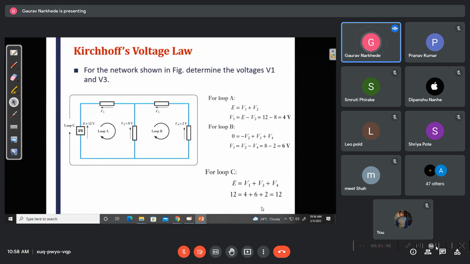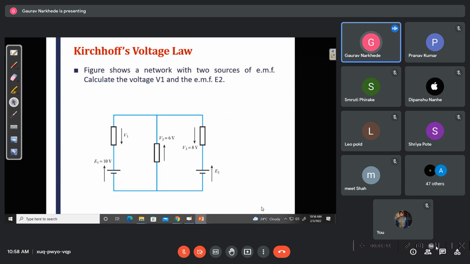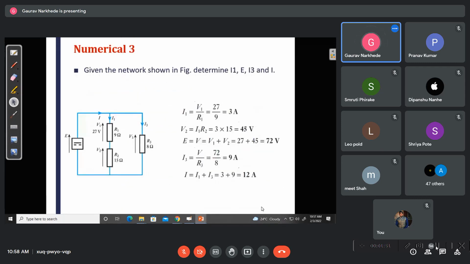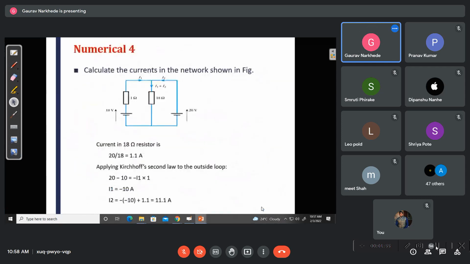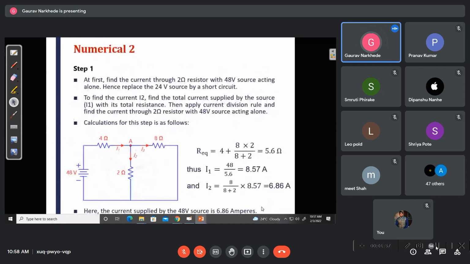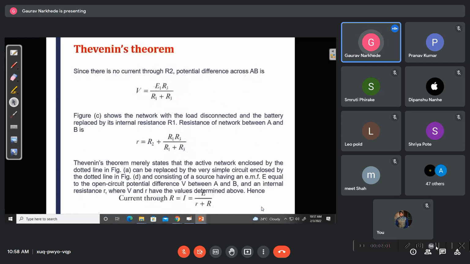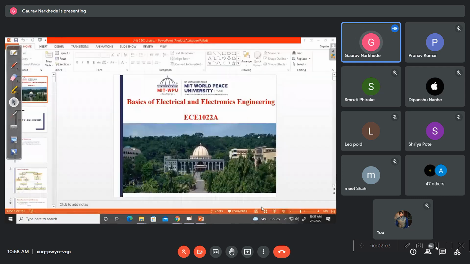These examples we have covered in the theory class, correct? So we can see one of the numerical in that. Till this we will be covering today, and maybe superposition theorem we will start tomorrow. Okay, so let us start with our basics.